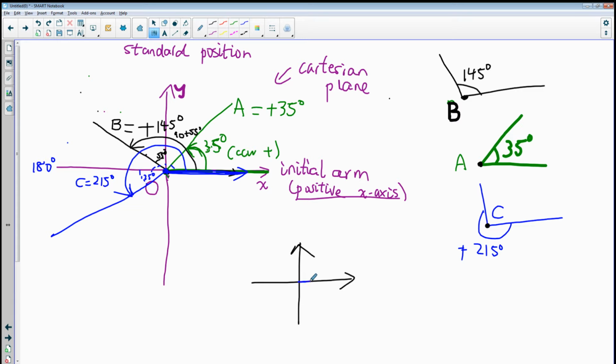So 215 degrees actually looks like this, the blue initial arm to the other side. Boom. Positive 215 degrees. I do recommend writing down positive, though you do not need to, just like before. But during practice, writing down positive may help.